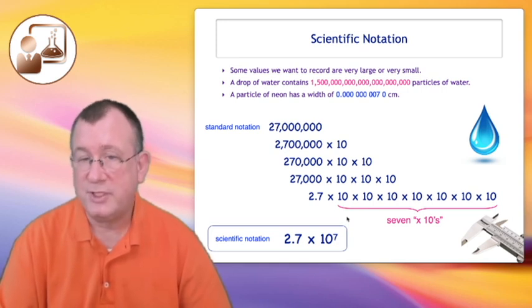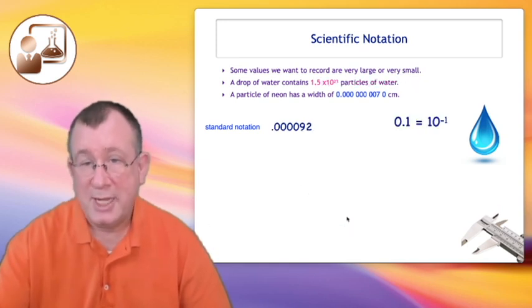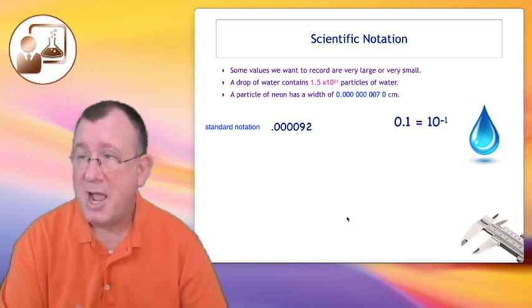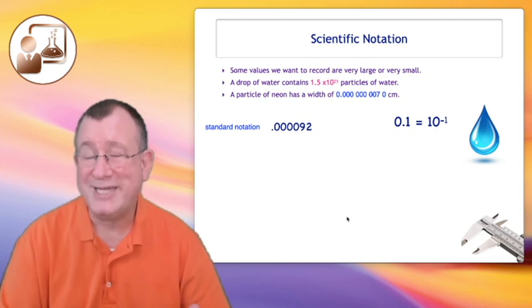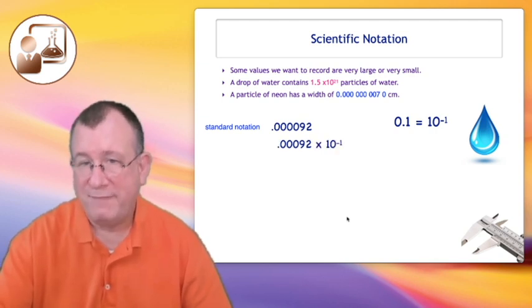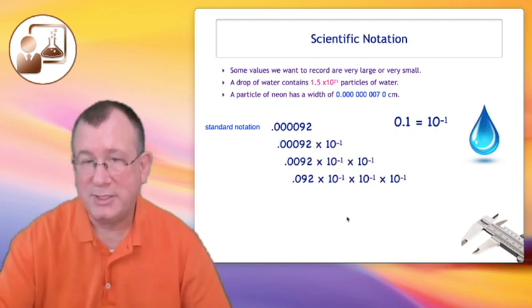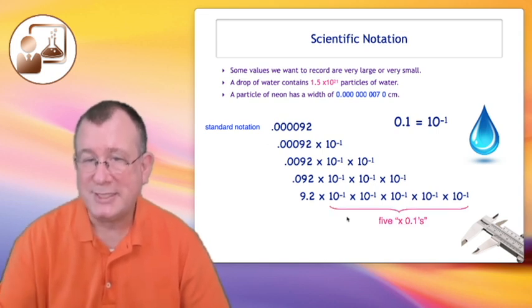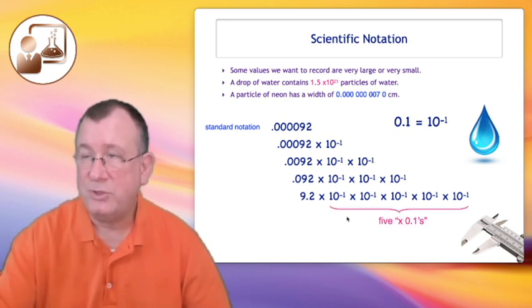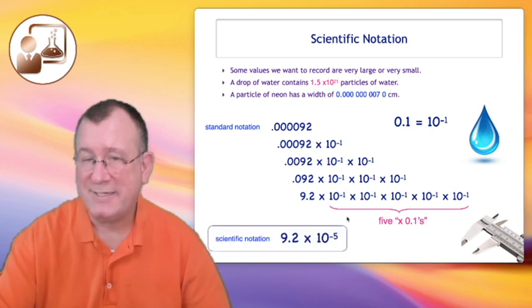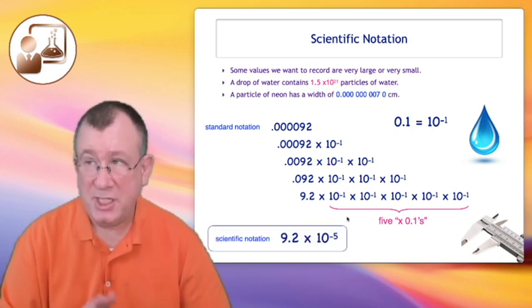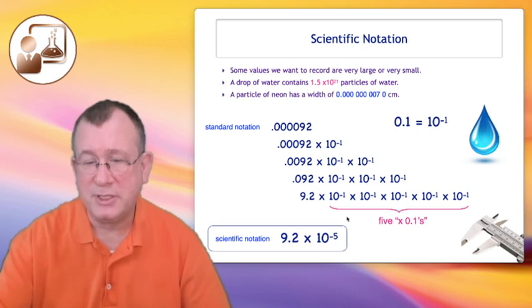So it is useful for describing really big numbers. It's also useful for describing really small numbers, but now I'm not factoring out a 10, I'm factoring out a 10 to the minus 1, or a tenth. And if I factor out a tenth once, twice, 3, 4 times, then I can write that number more concisely as 9.2 times 10 to the minus 5. So scientific notation is good for describing big numbers and small numbers.